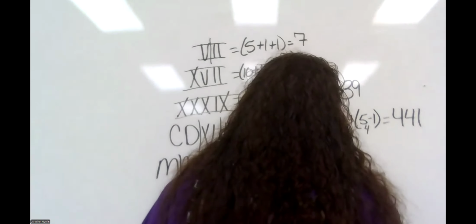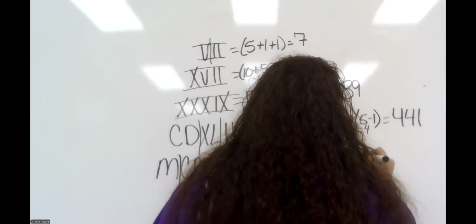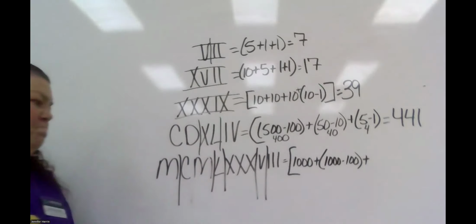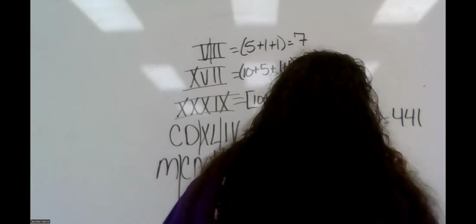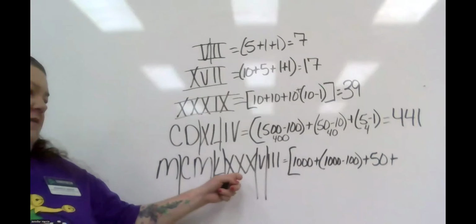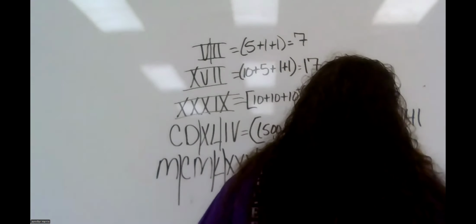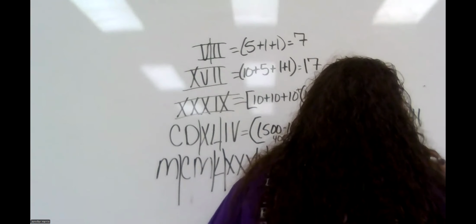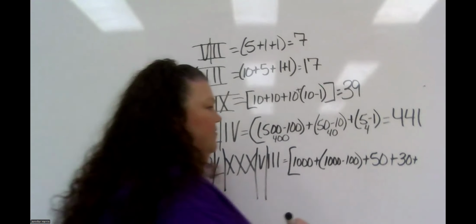So this is 1,000 minus 100 plus, now I have an L. L is 50 plus X, that's 10 plus 10 plus 10. Just going to go ahead and write that in as 30. The V represents 5.